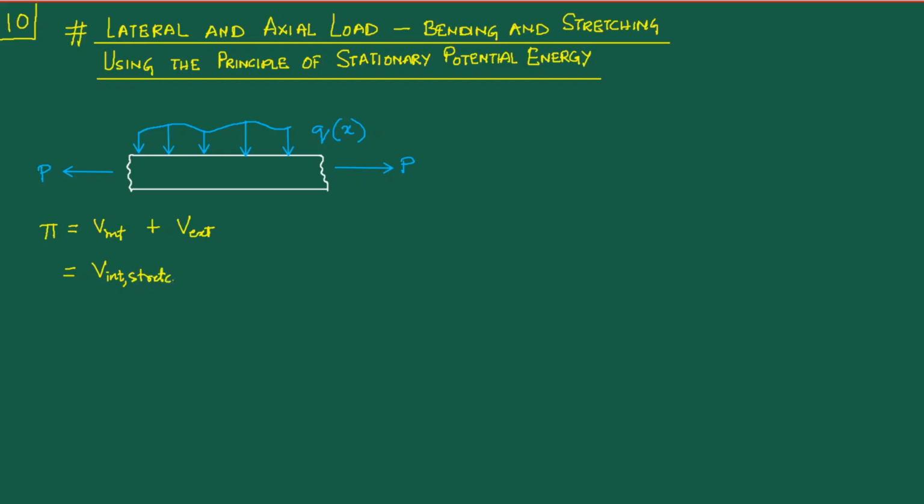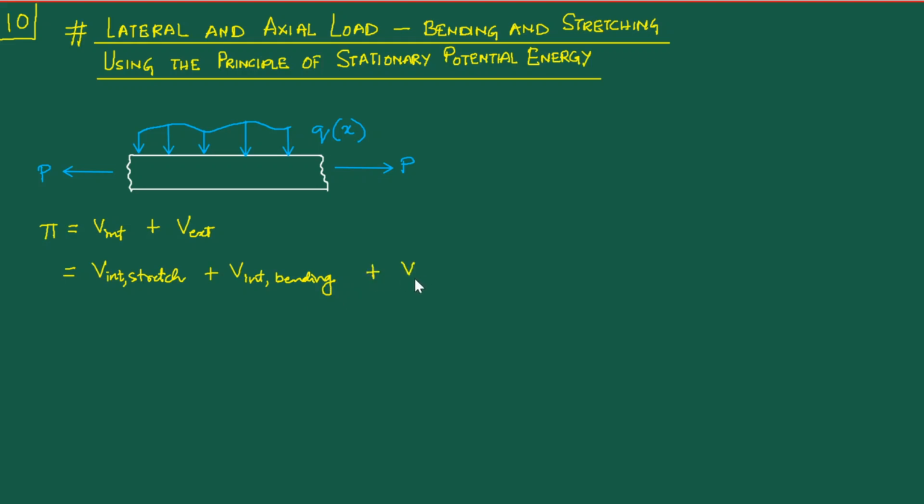We also note that this internal potential energy can be subdivided into a contribution from the stretching term, or the deformations due to the axial load, and the internal energy due to bending that is induced by the lateral load.